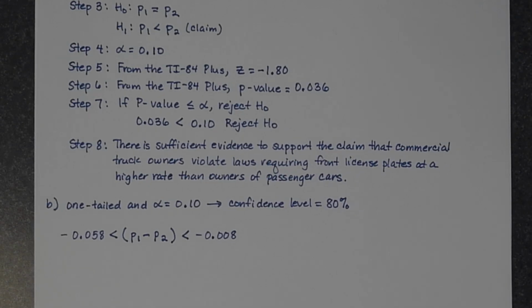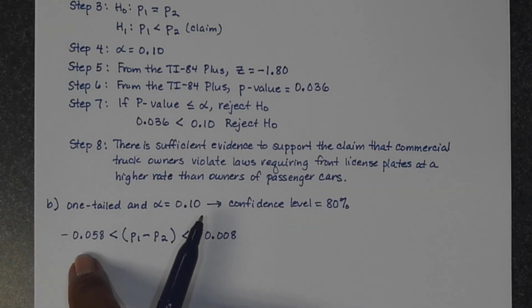So we can say here that we are 80% confident that the true difference in proportions of those commercial truck drivers or truck owners who violate laws and owners of passenger cars who violate the laws requiring front license plates falls between negative 0.058 and negative 0.008.